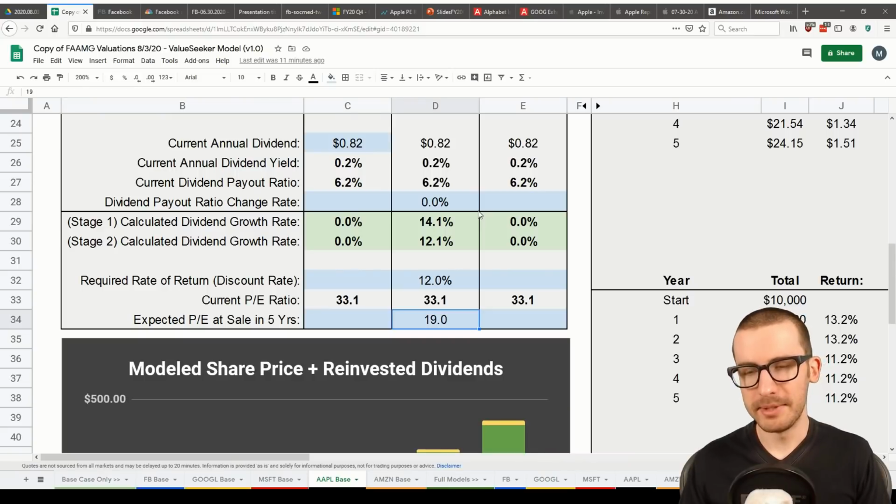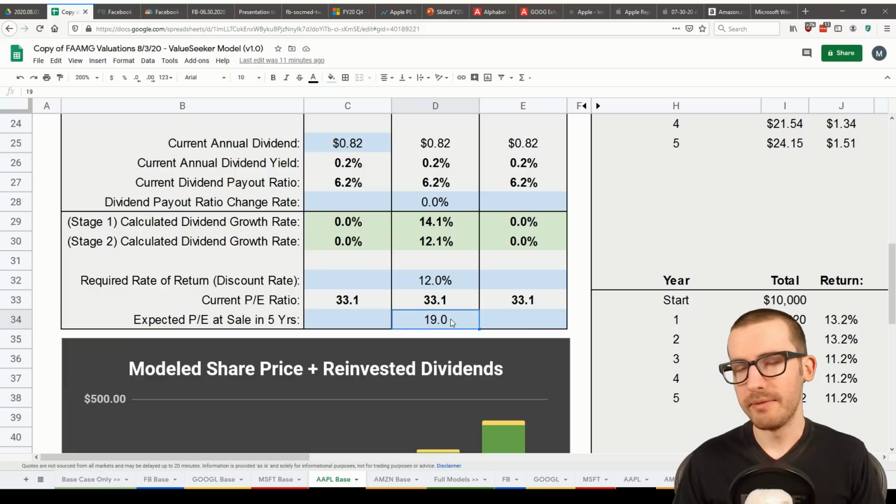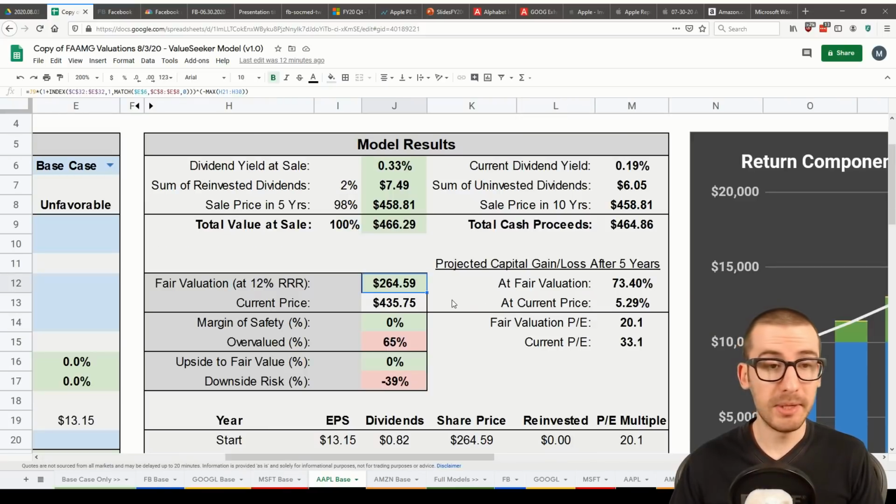And really, again, it comes down to what is the proper multiple to pay for Apple stock. Apple's certainly a fantastic company, so I think it deserves a premium multiple, but is 30 plus really justified? In this case, I've set it at 19, which will give us an example benchmark for what we're looking at in the model. Assuming the model assumptions are true, Apple is relatively significantly overvalued, or at least expensive, compared to our assumptions.